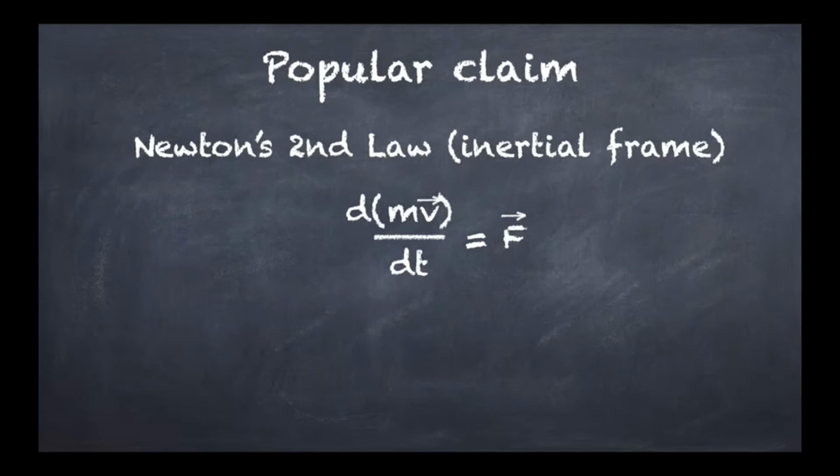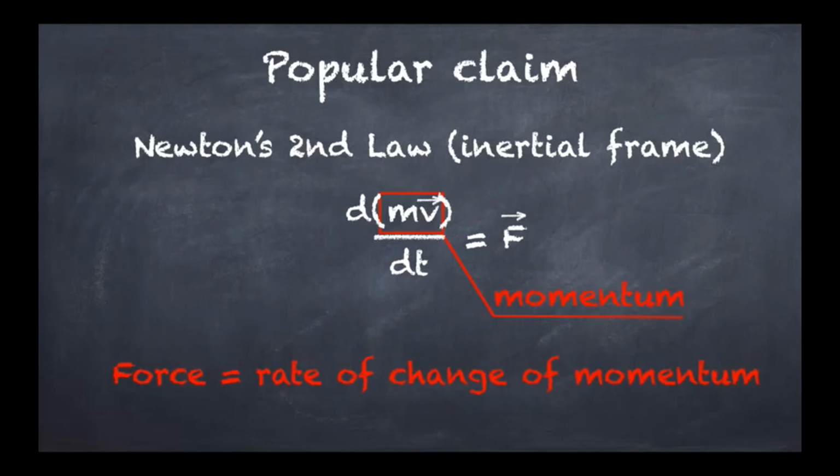This quantity mv is known as momentum, and momentum plays a very important role in mechanics. Because we can write d of mv over dt is equal to F, Newton's second law has been summarized by the following slogan: force is equal to the rate of change of momentum.